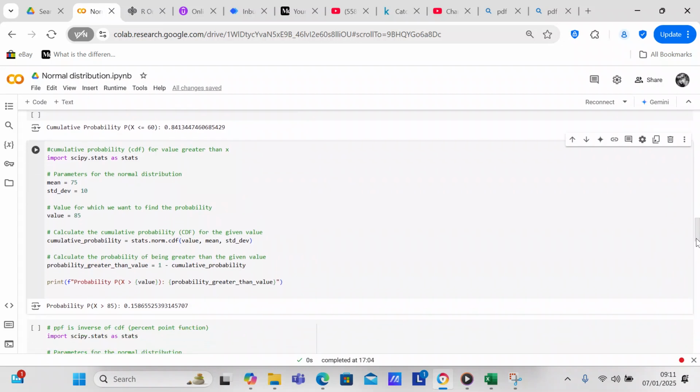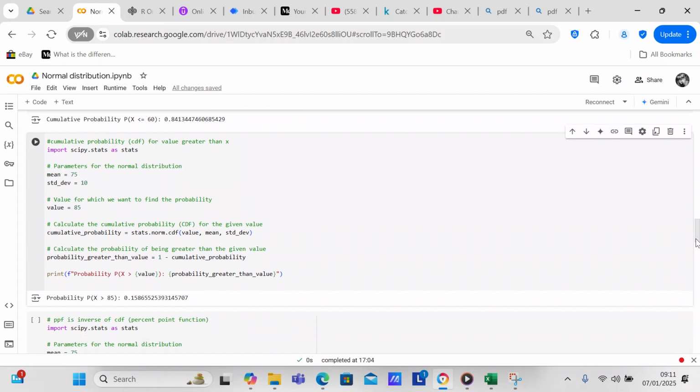Now we're going to do the cumulative probability if the value is greater than x. In the last exercise, the value was less than or equal to x. In this exercise, the value is going to be greater than x. So mean equals 75, standard deviation equals 10, value equals 85. It says calculate the cumulative probability function CDF for the given value.